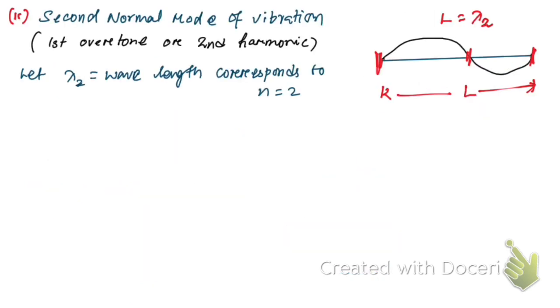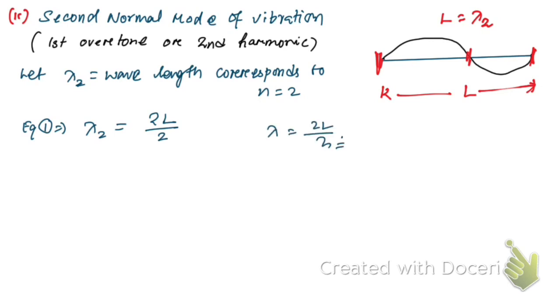And if n is equal to 2, then from equation number 1, lambda 2 is equal to 2L by 2, because we have got lambda is equal to 2L by n, right?